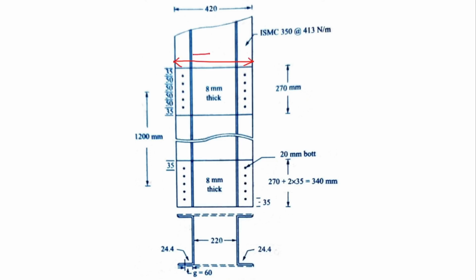Here this distance is the gap between two channels, which is 220 mm. Then width of the flange for each channel is 100 mm. Therefore the length of the batten should be 100 plus 220 plus 100, that is 420 mm.